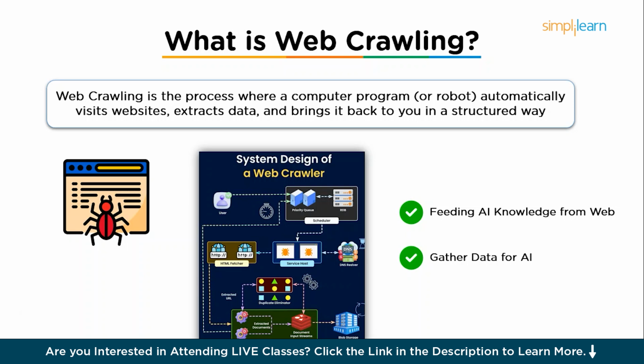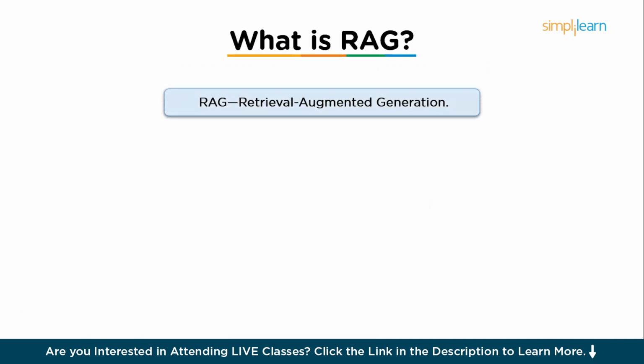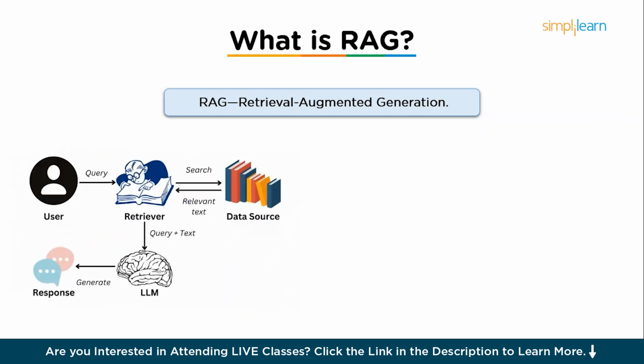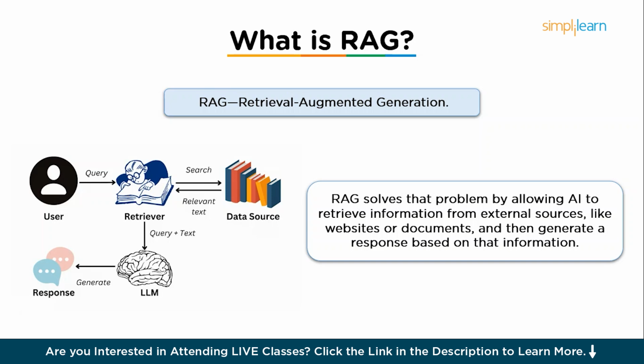So now that you have understood what web crawling is, let's understand what RAG is, which is Retrieval Augmented Generation. This might sound a little complicated at first, but trust me, we'll make it super clear. Imagine having an AI assistant. Normally, this assistant knows a lot about general topics, but when you ask it about something new or specific, it's just guessing. It's like asking someone who knows a lot of general facts but hasn't read the latest book on your favorite subject.